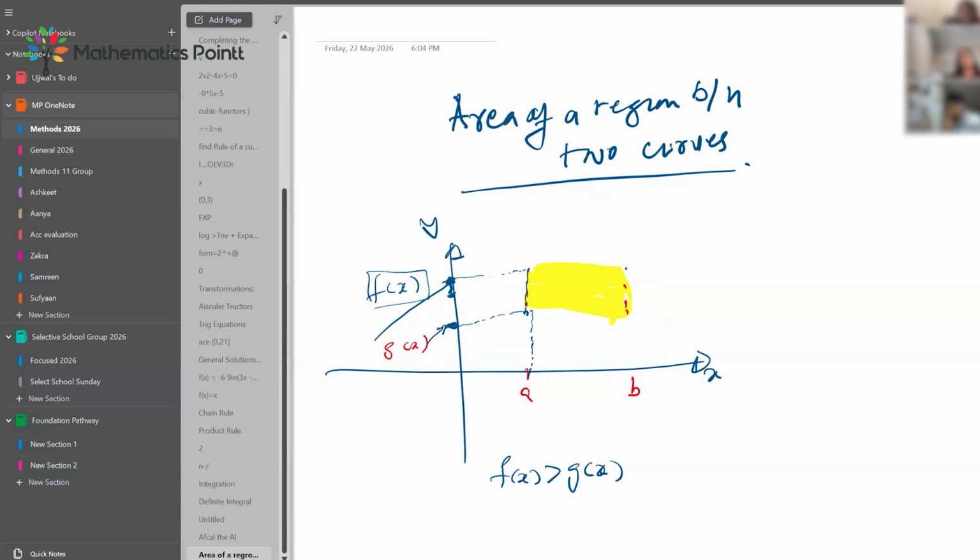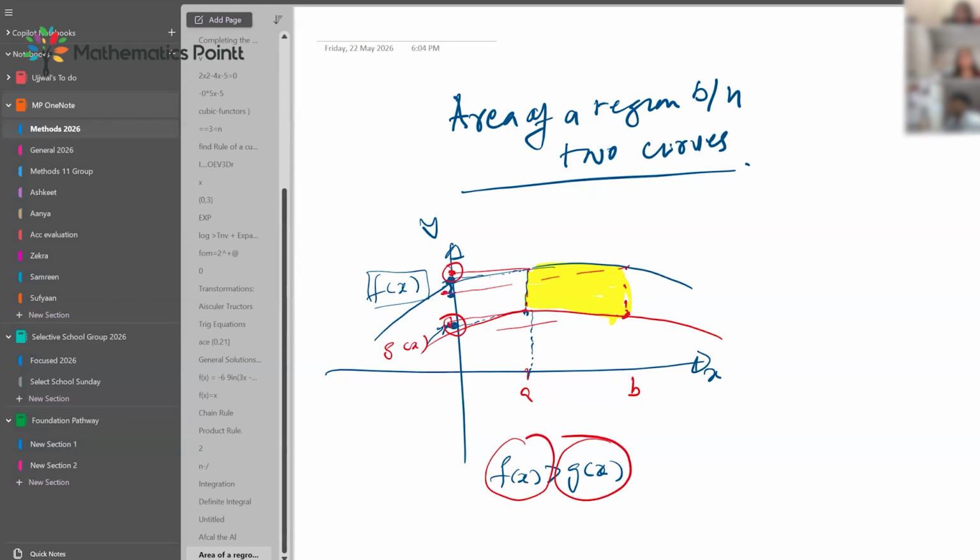So f of x is greater than g of x, because this point is greater than this point. And similarly here as well. So for both A and B, f of x is greater than g of x.